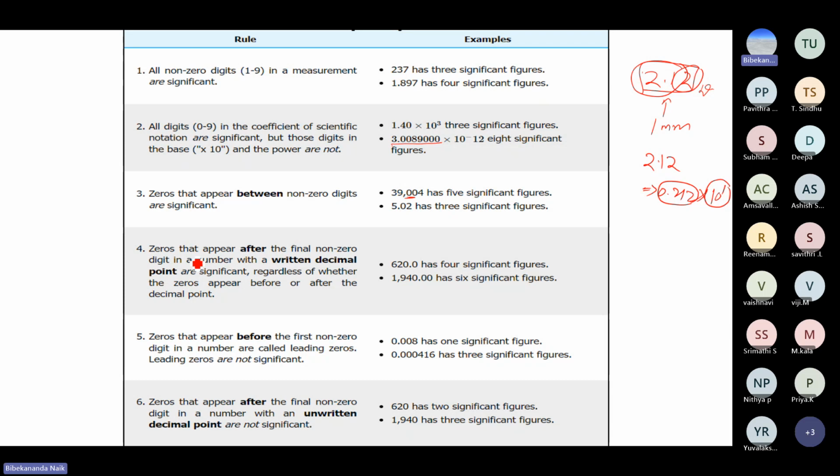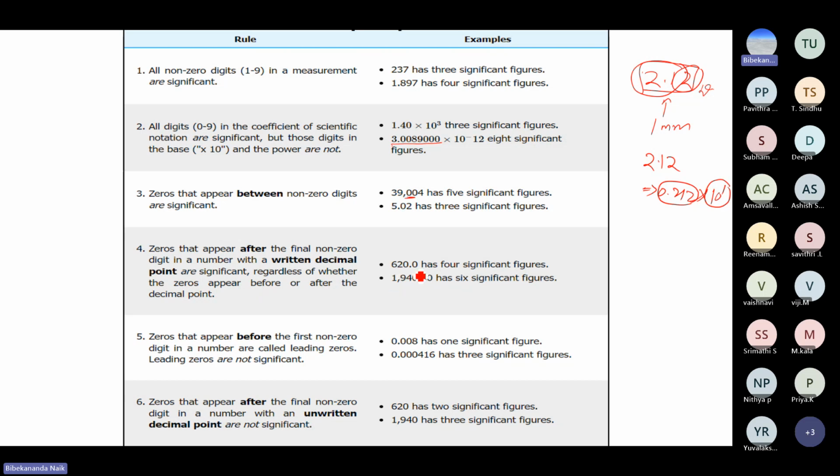However, zeros that appear after the final non-zero digit in a number with a written decimal point are significant regardless of whether the zeros appear before or after the decimal point. So if the number contains a decimal point, then the zeros are significant.